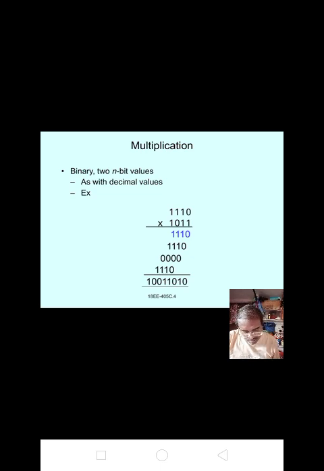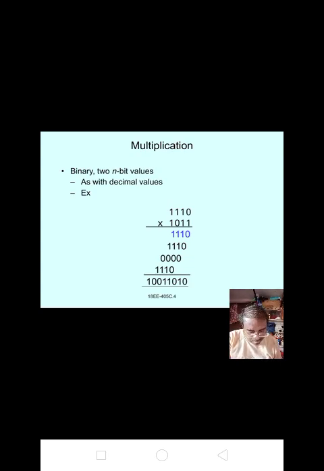So 64 plus 32 plus 16 plus 4 plus 1 is 117. The answer is tallied.